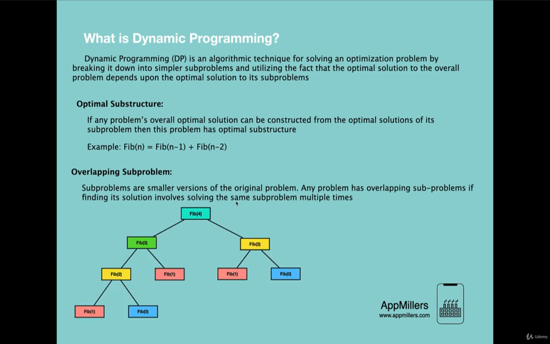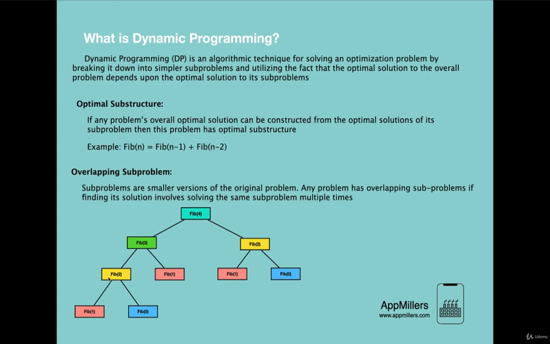Now if you look at this Fibonacci example over here, you see that, for example, when we find Fibonacci number 4, Fibonacci 2s are repeating and Fibonacci 1s are repeating. So in this case, we are just calculating Fibonacci 2 one time and using it for the next turns, and we are calculating Fibonacci 1 one time and using it for the next turns.